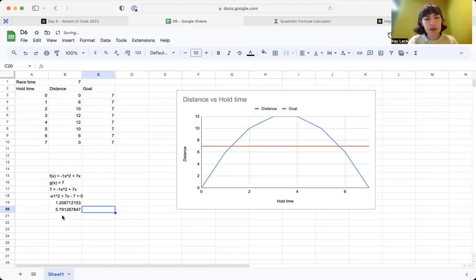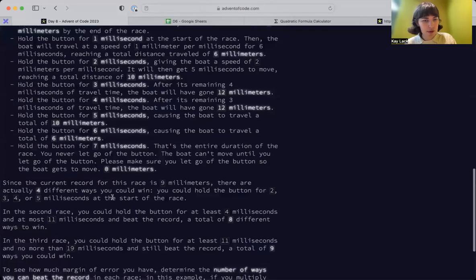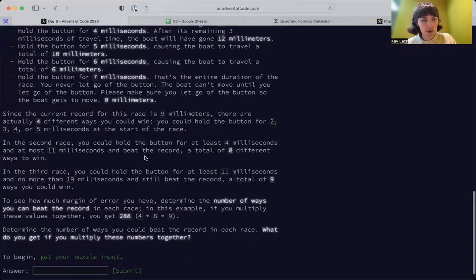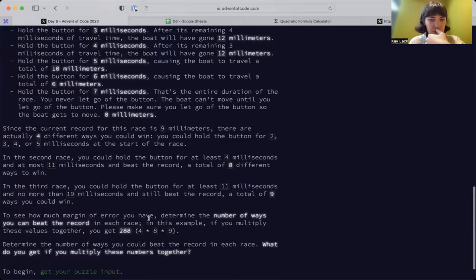Anyway, you would calculate what this came out to, which would be, let's say, 7.5 and, no wait, what am I trying to do here? I'm trying to get the number of points between these two values. What are the actual ones we're going to add up? The number of ways you can beat the record.